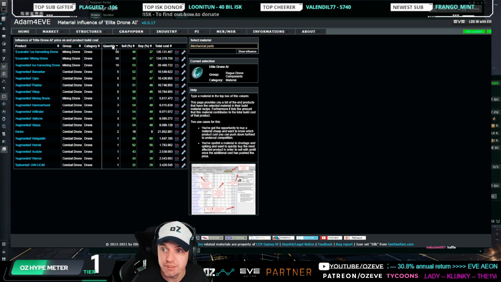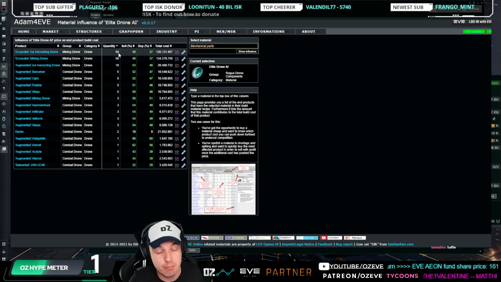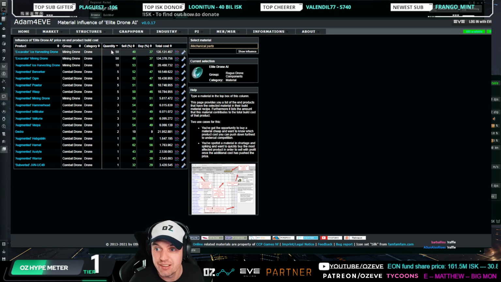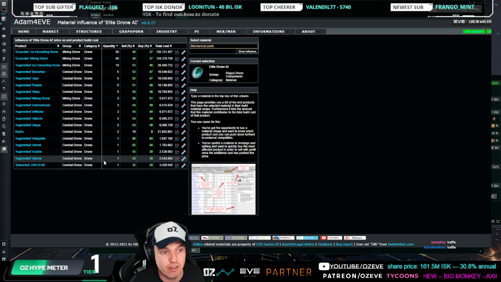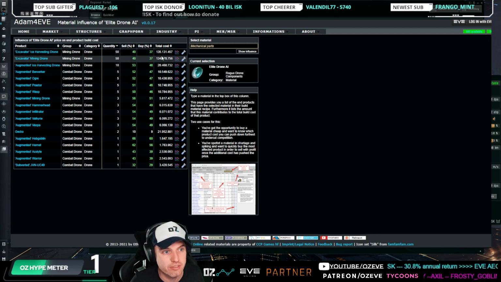For one, it has quantity, so how many Elite Drone AI go into what. When I was talking earlier about excavator drones and the connection between Elite Drone AI and excavator drones, this is what I'm talking about. The vast majority of Elite Drone AI used to end up in excavator drones because they use so many. Back here you can see the total cost.